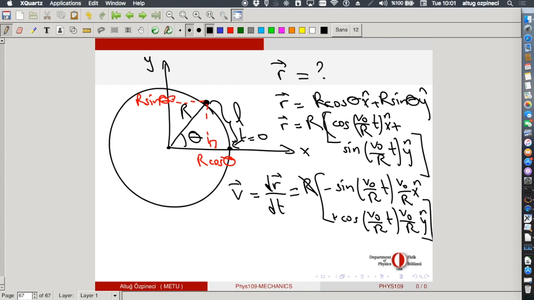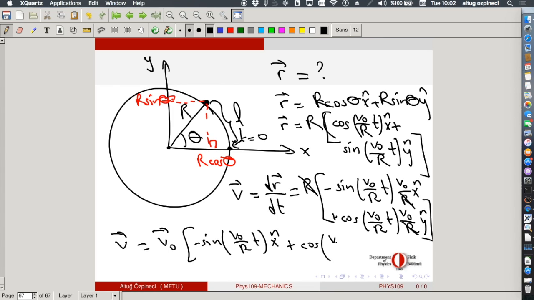So these R's I can also cancel. So the velocity vector is V0 times minus sine V0 over R t in the x direction plus cosine V0 over R t in the y direction. So this is the velocity vector at an arbitrary time.